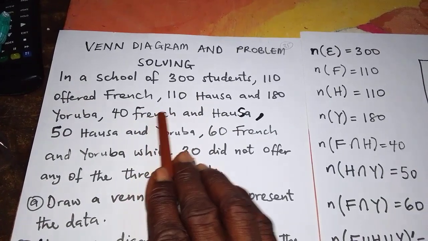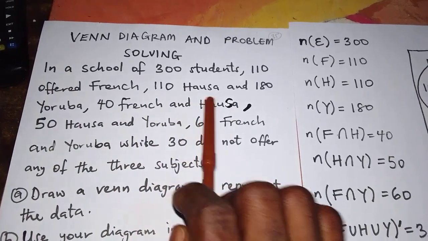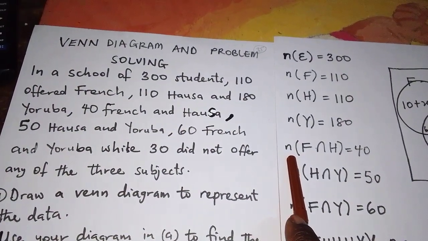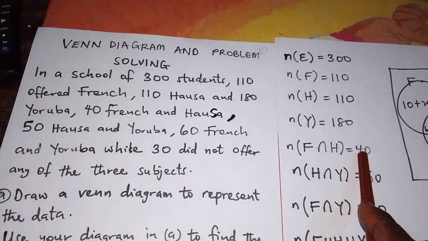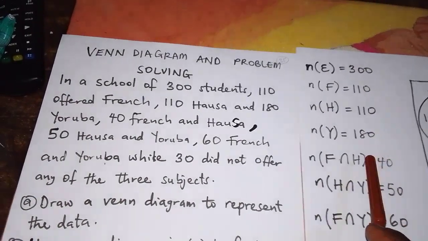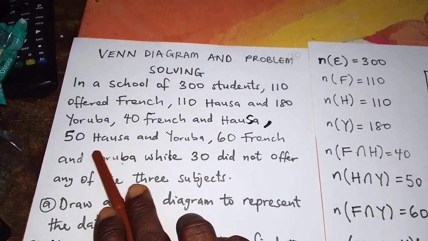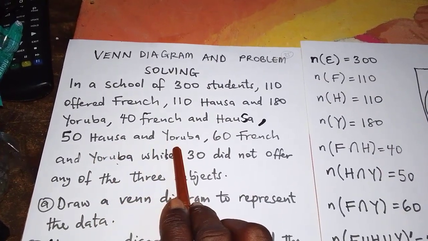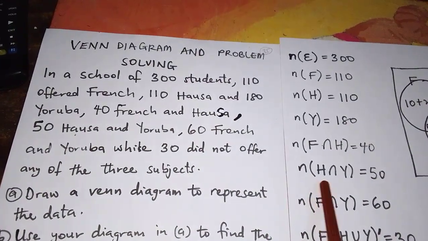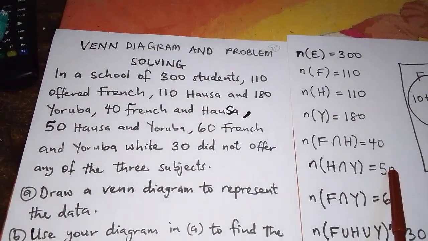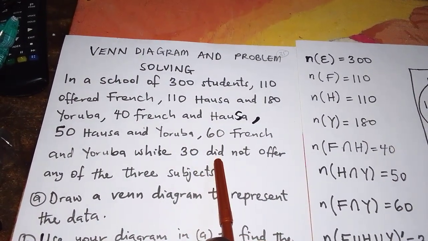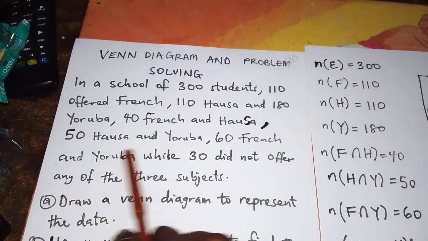40 French and Hausa. It means those that offered French intersection Hausa, they are 40. Then 50 Hausa and Yoruba. Those that offer Hausa intersection Yoruba, we are having 50. While 60 French and Yoruba.